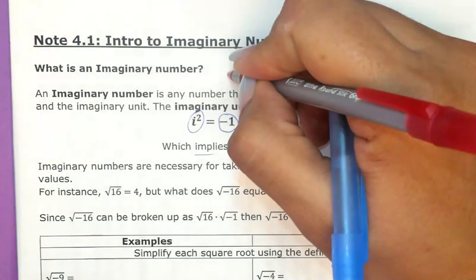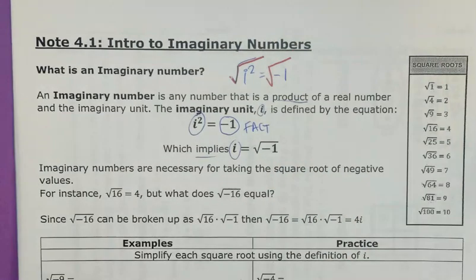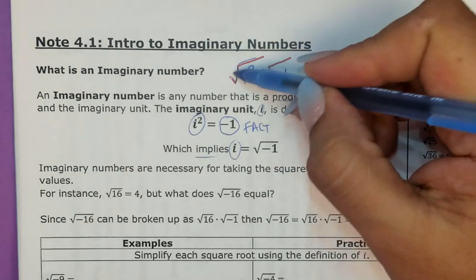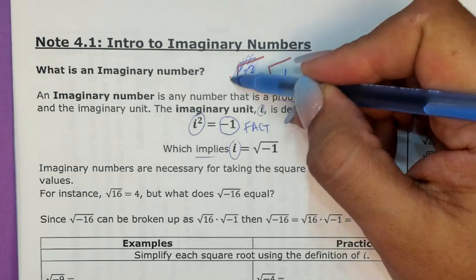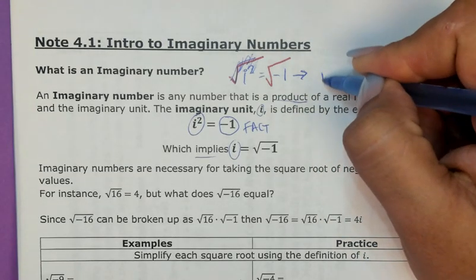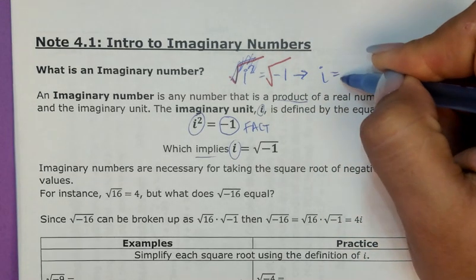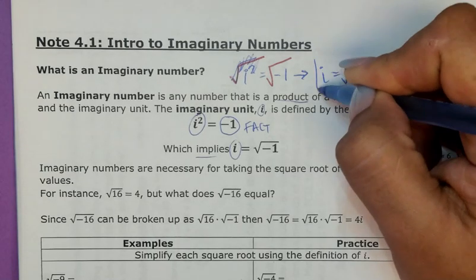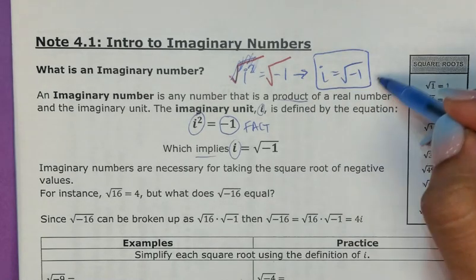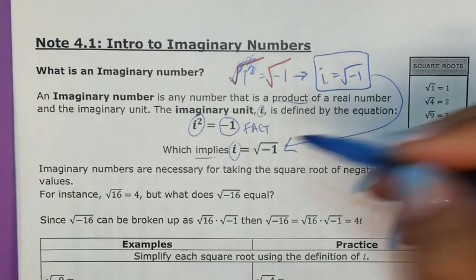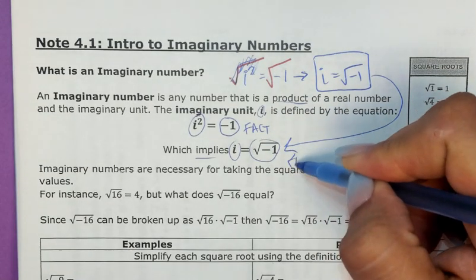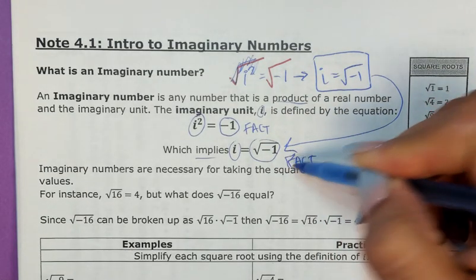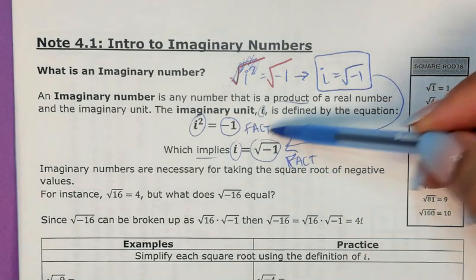So if I draw a square root on the left side, I have to draw a square root on the right side. And the square root cancels the squaring, leaving i by itself equaling the square root of -1. So this is what's emphasized right here. This is another fact because of the previous fact.